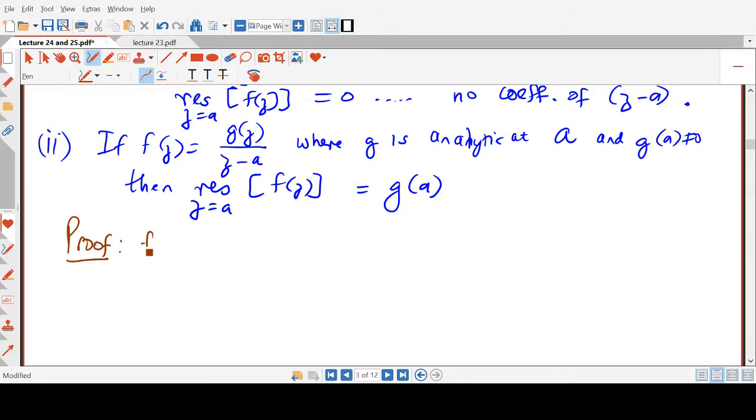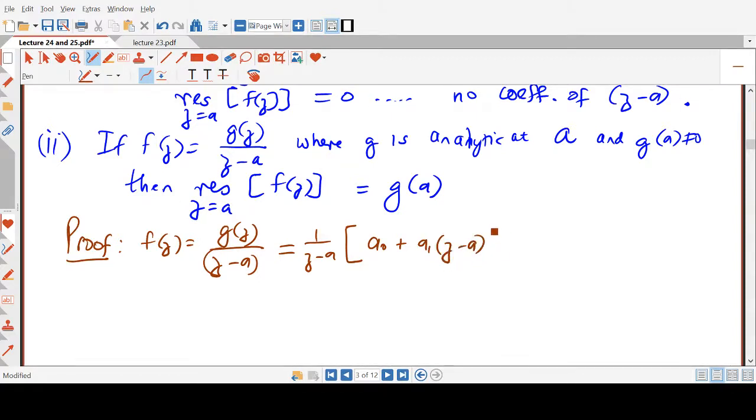So if I write f of z as g of z over z minus A, I said g of z is analytic, so you can write this as 1 over z minus A into, so g of z can have some expansion, a naught plus a1 times z minus A, plus a2 times z minus A squared, plus and so on.